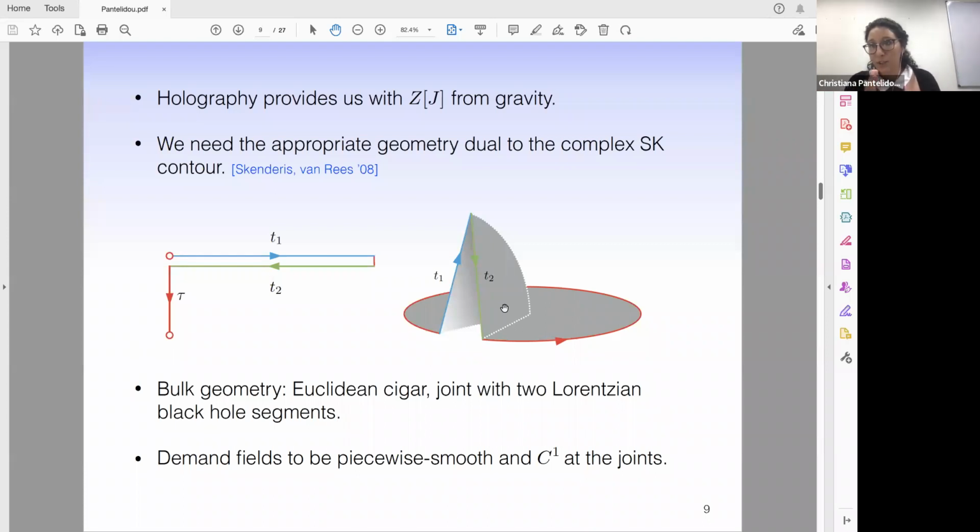So in AdS, T1, as I draw it here, is the boundary of that AdS black hole, or the segment of that AdS black hole. And then you just don't reach the horizon. You go up to a certain radius in the bulk, but not all the way.